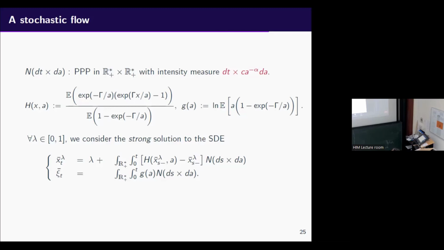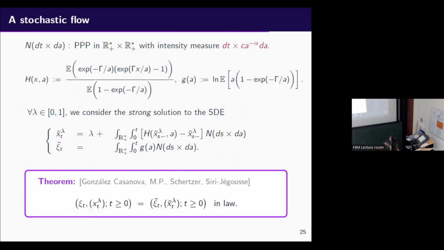I don't have a clear interpretation of this. And at the jump times of the same Poisson process, the block counting process jumps to this thing. And then we prove that the strong solution of this SDE has the same law as the Markov additive process that was the multidimensional Lamperti transform of our process.